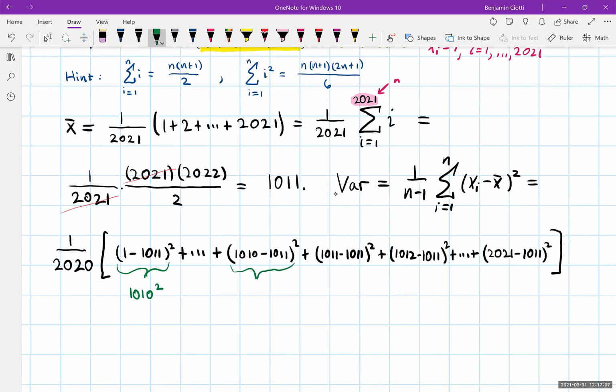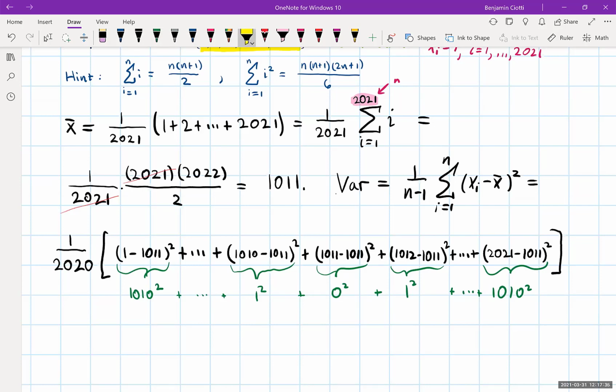This term here is 1 squared. Then we've got a 0 squared right in the middle of this long list of terms. Then we start increasing again back to 1 squared. This last term is back to 1010 squared.